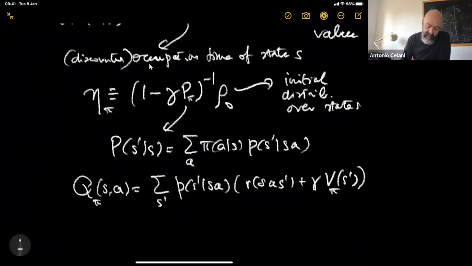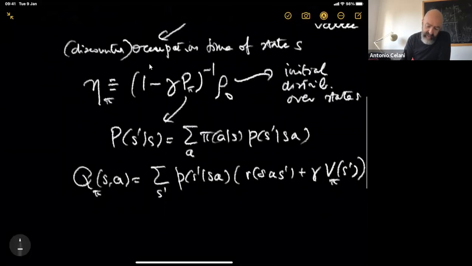And what is the value? Well, the value, you can also rewrite it in a simple form, just as the following definition. This is just r transpose (1 minus gamma P) to the minus 1.